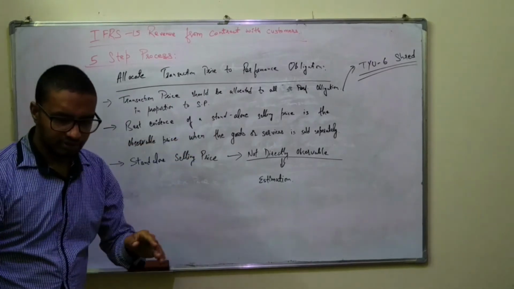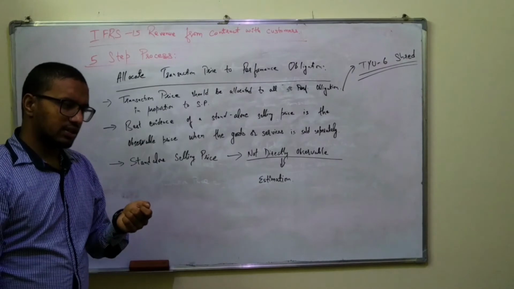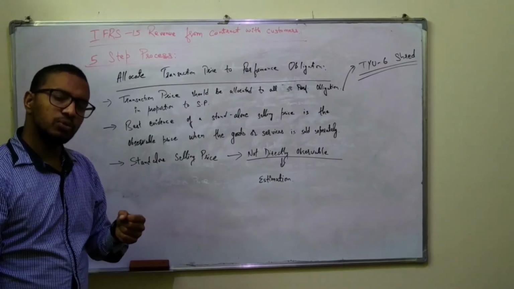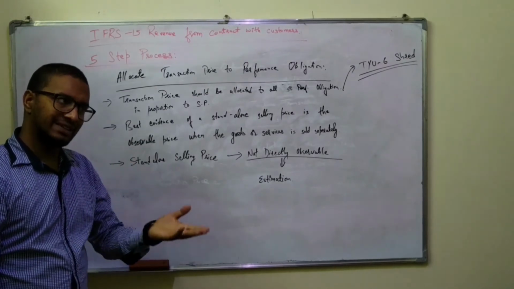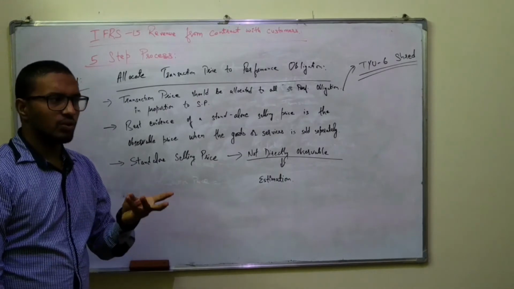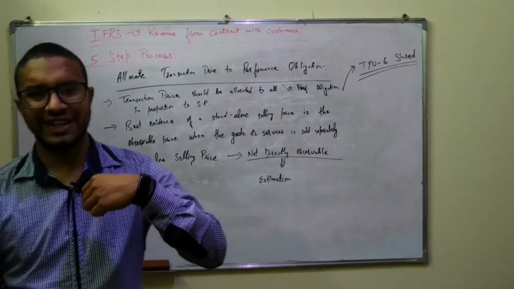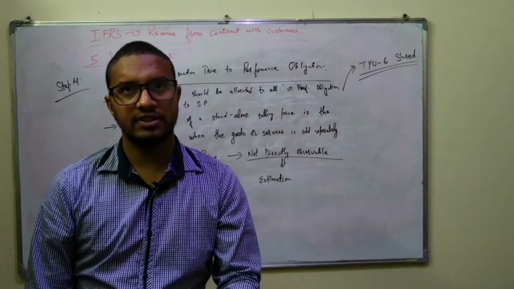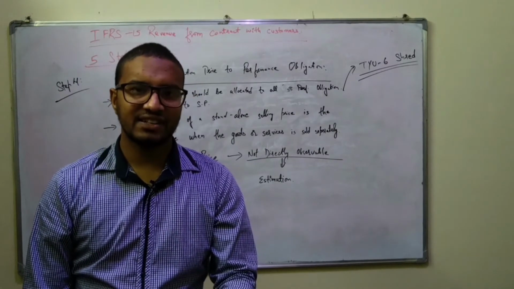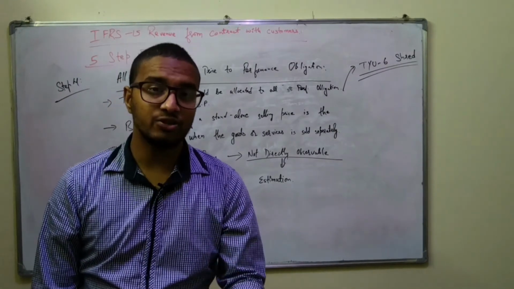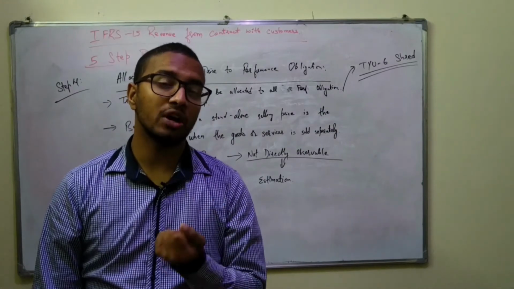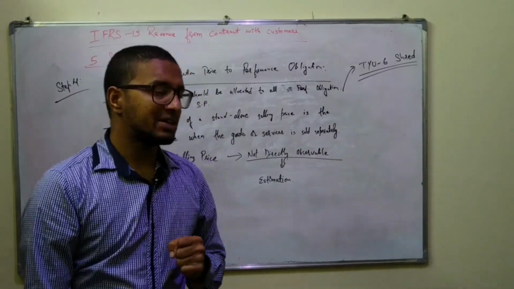Suppose the customer is to be provided with technical support, let's say maintenance or something. When you're selling that technical service separately, how much price would you charge? You would have to take that into account and then allocate based upon that.